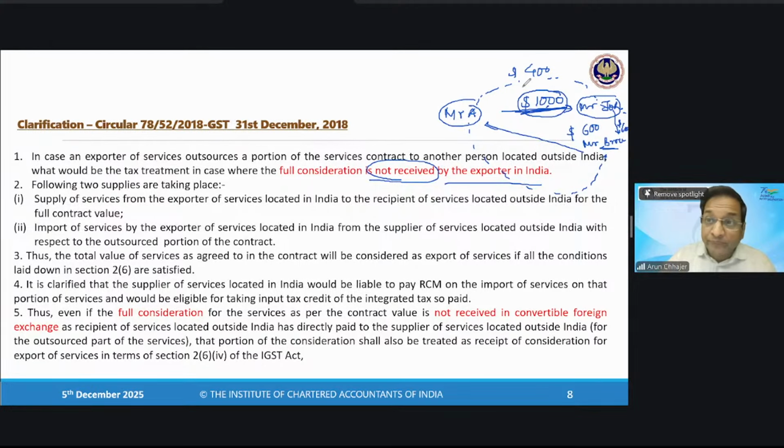It is clarified that supplier of service located in India would be liable to pay RCM. In this example, can you tell me on which amount Mr. A is liable to pay the tax under RCM?